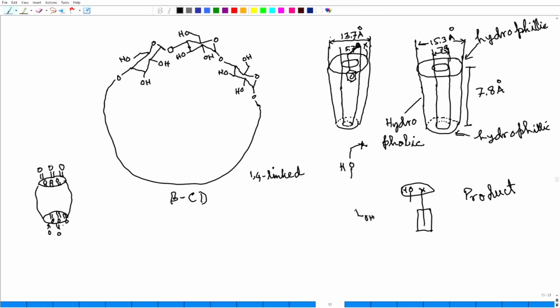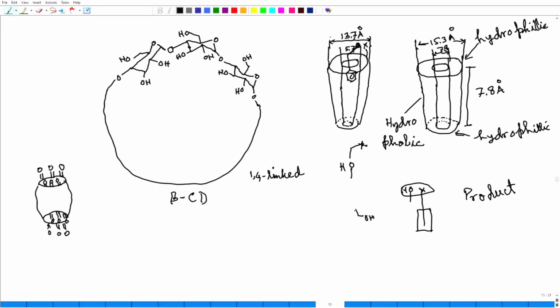So, there is a similarity in the architecture of structures. This is also hydrophobic inside, and at the two ends are hydrophilic moieties, similar to cyclodextrin, and so suitably we can get our reactions done. So, this is about cyclodextrins.